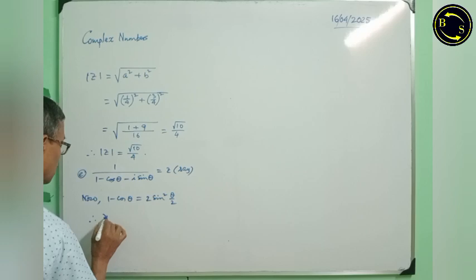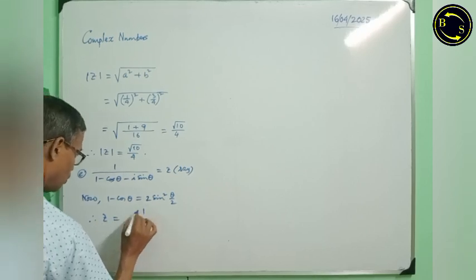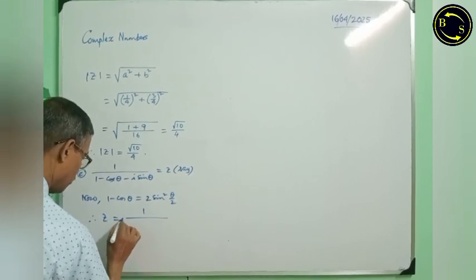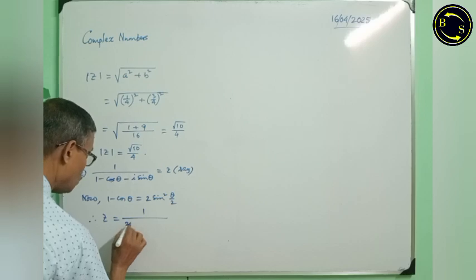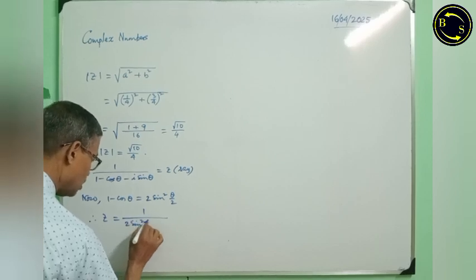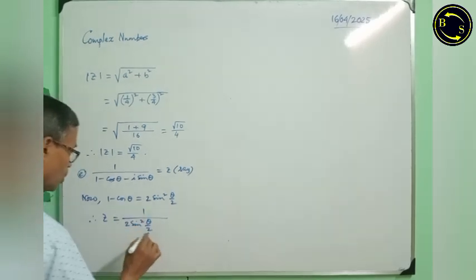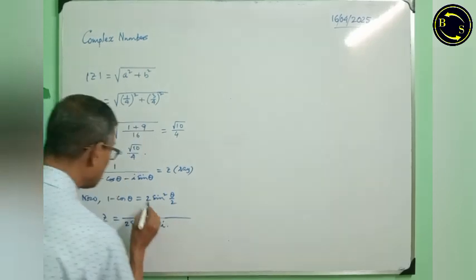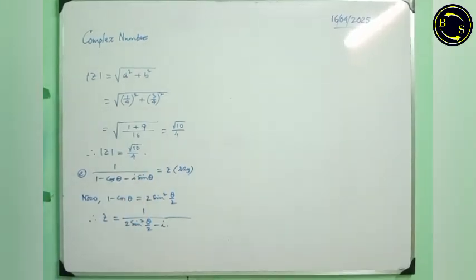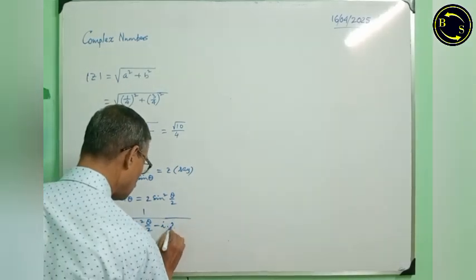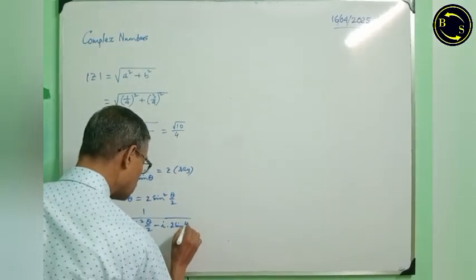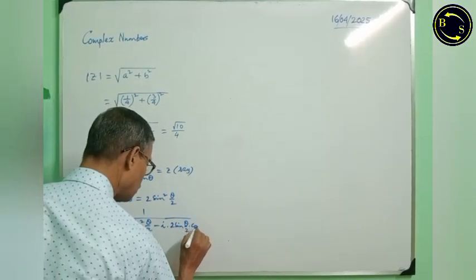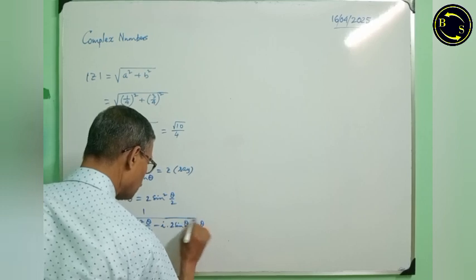Therefore, z equals 1 by 2 sine square theta by 2 minus i, I can write sin theta as 2 sin theta by 2 into cos theta by 2.